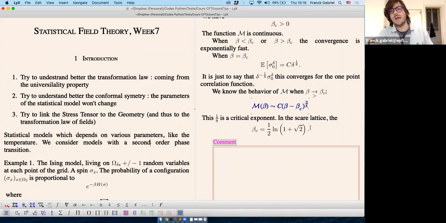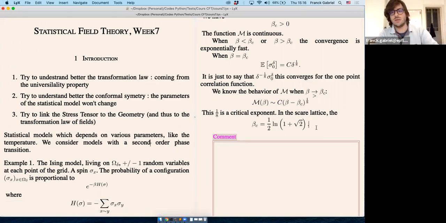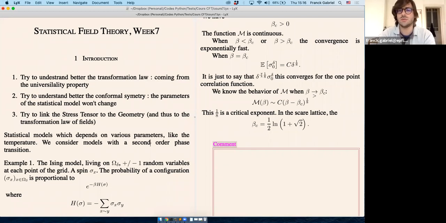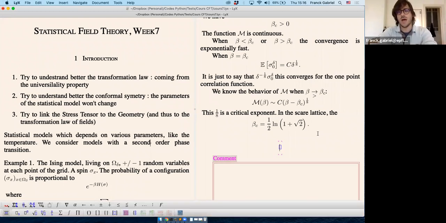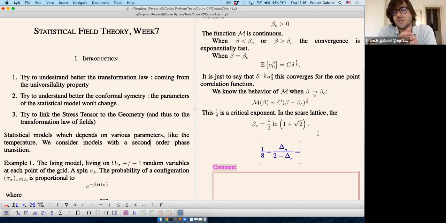It's 1 over 8, and the 1 over 8 here is not equal to this 1 over 8 by coincidence. If you use the arguments of the renormalization group, you have that this 1 over 8 is equal to the dimension of the spin field over 2 minus the dimension of the energy. But we will see that delta epsilon is equal to 1.